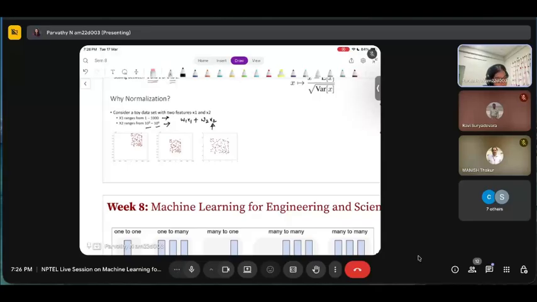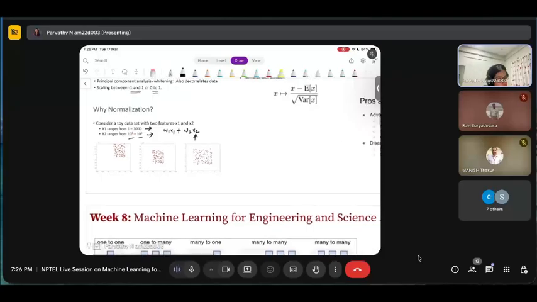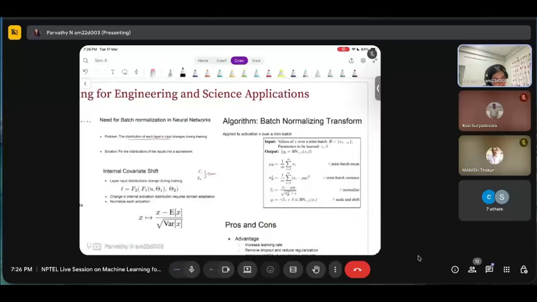Now another type of normalization is batch normalization. This is considered a separate layer. We have the simple layer which does this sigma WI XI calculation.